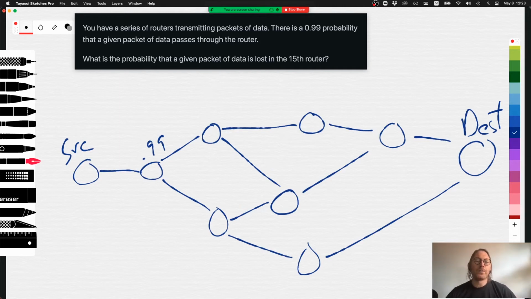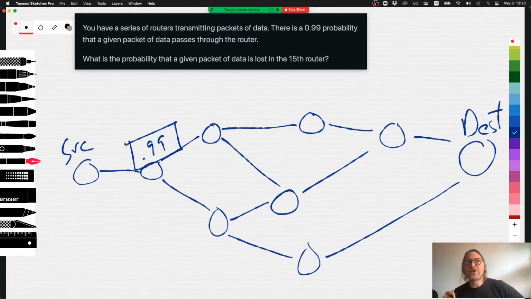Okay, and so if we're asking the question, what is the probability that a given packet of data is lost in the 15th router? Is this our probability of losing data or the data being successfully passed? Obviously, this is a measure of success, but we have to reconsider what we mean by success.